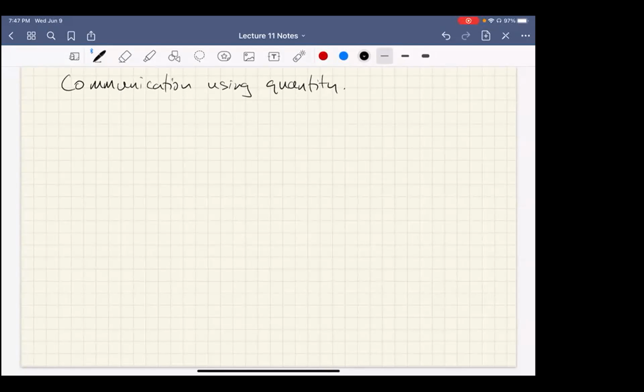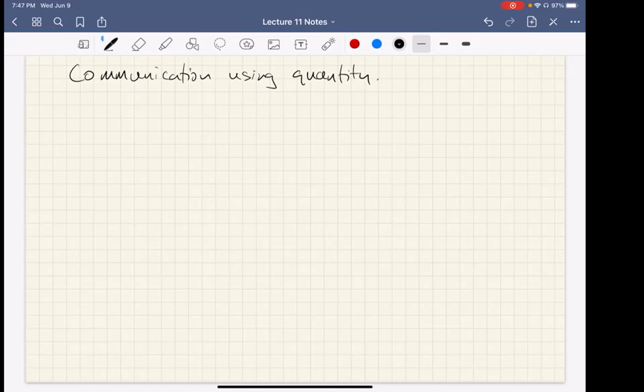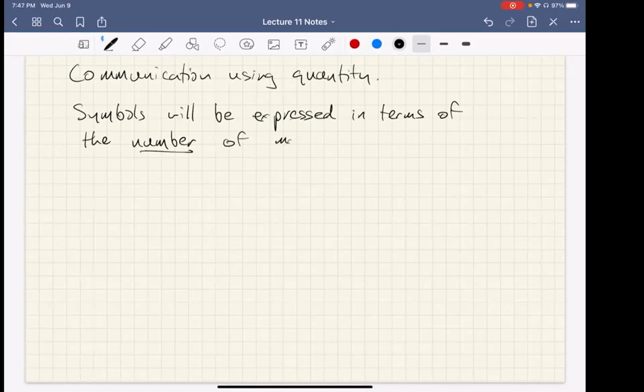In other words, the symbols that we're going to send will be expressed in terms of the number of molecules emitted.